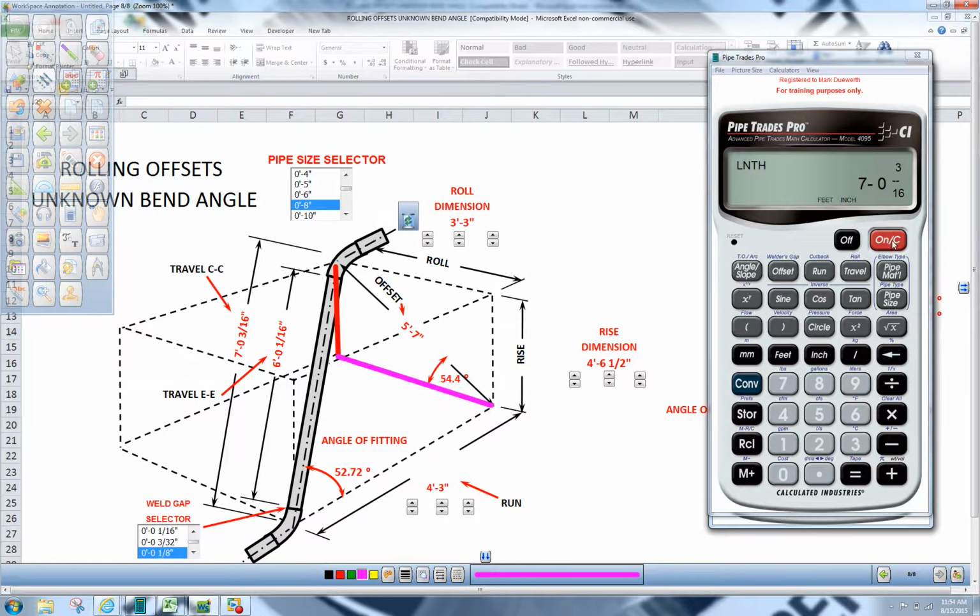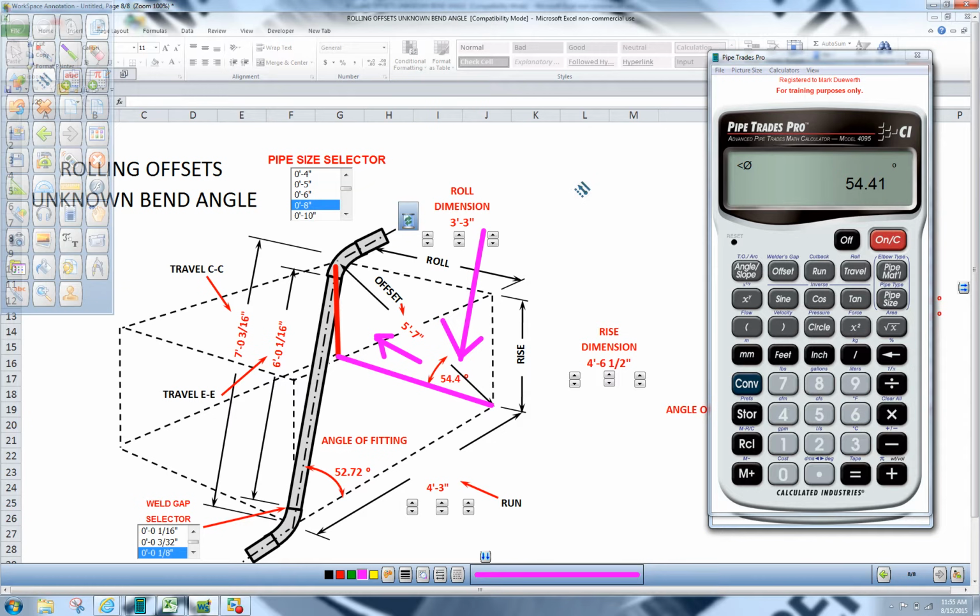If I press clear, I can put 3 foot 3" in the calculator. Because I'm dealing with this angle, that roll would go in as the run. The rise at 4'6", 1/2", for this particular triangle will actually be the offset. And when I press angle slope, I get 54.4.